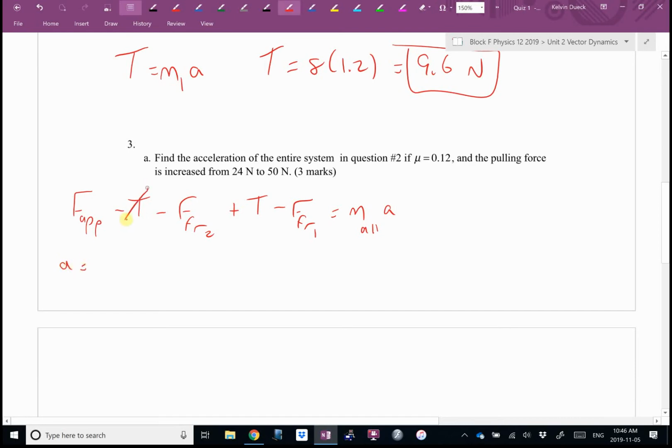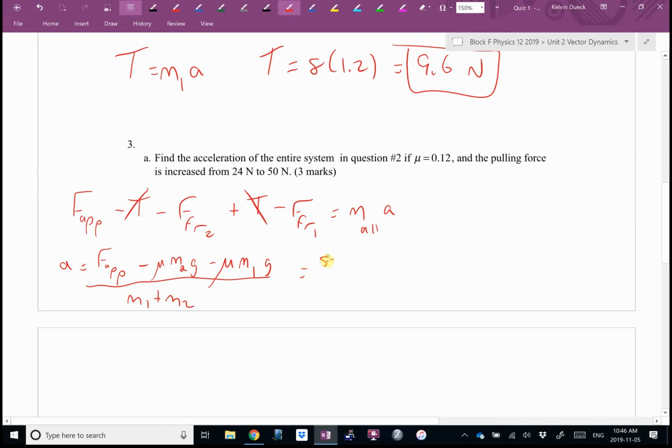A is, lose tension, going to be F applied minus, friction is what times what? Mu times the normal force. I don't know the normal force. Which is mg for friction force number 2? M2g. Minus mu m1g, all over m1 plus m2.